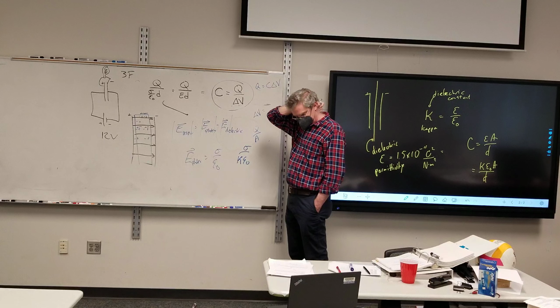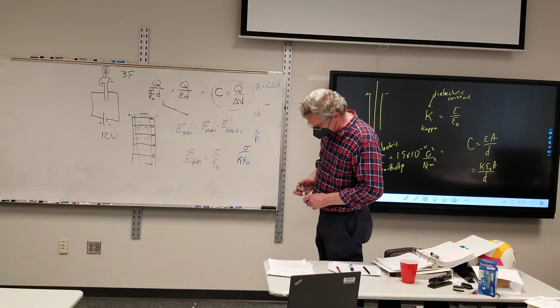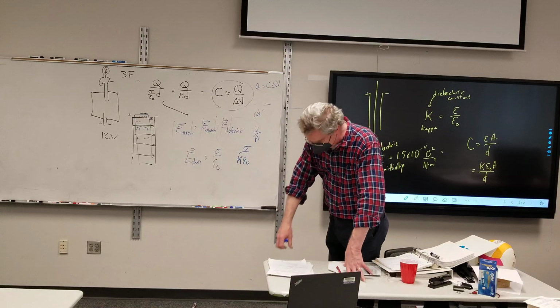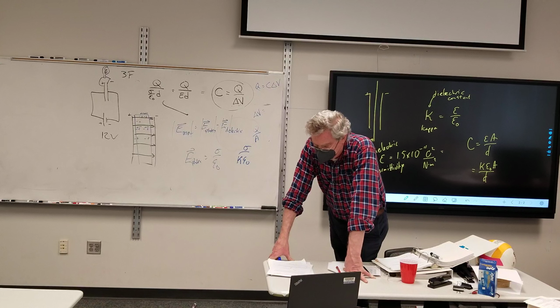If we were given an example problem, would we be finding the electric field of the dielectric, or would we be deriving the electric field of the dielectric? Typically, in a typical problem, I would give you the voltage of the battery, size of the plates, and distance between the plates.